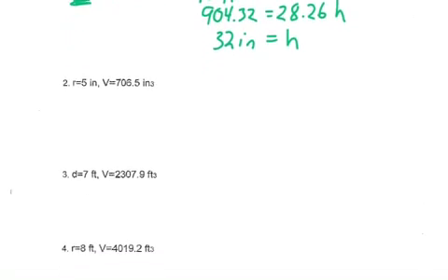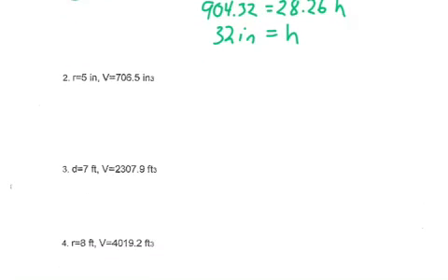Okay, take a look at the second one here. Again, going to use our formula here. It's nice to give us the radius, so you can just go right to the radius there. So what's my volume? My volume is 706.5 equals 3.14 times my radius squared, so times 5 squared, times my height.